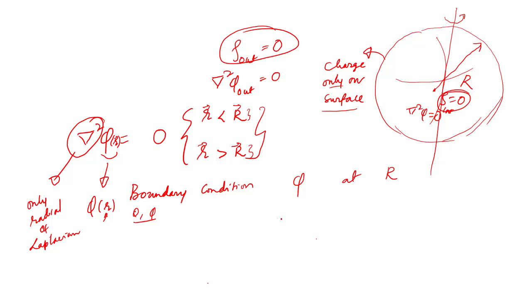The radial part of the Laplacian del square is 1 over r square d by dr, r square d by dr. This is in spherical polar coordinates.